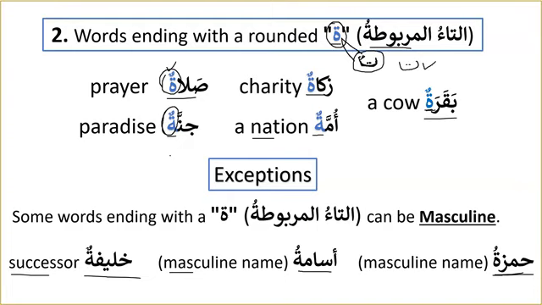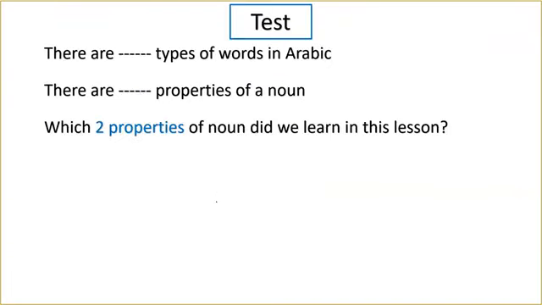Now it's time for the test. Inshallah, you will answer these questions now. How many types of words are there in Arabic? 3 types. Okay, excellent. How many properties of noun are there? 4 properties of noun: capacity, status, number, and gender.